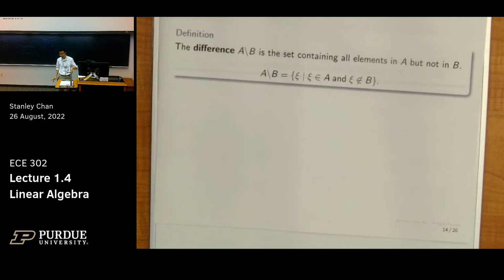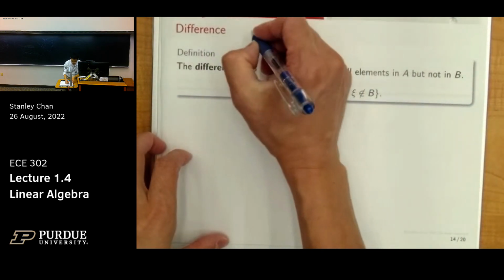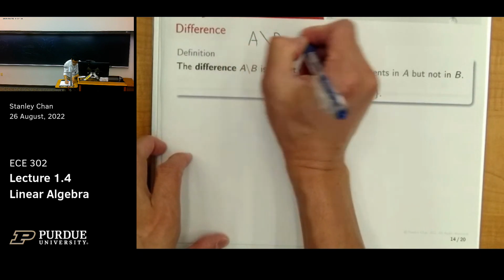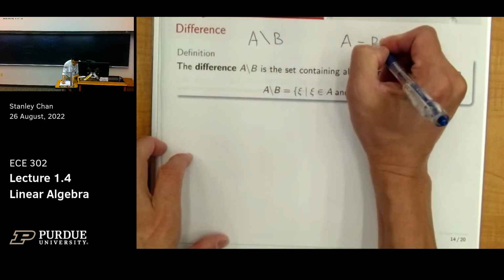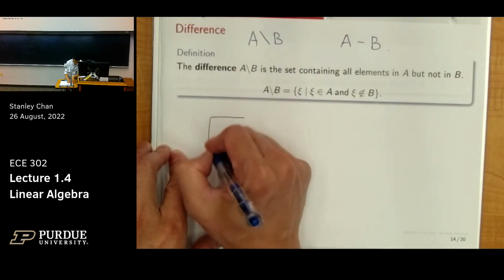There's a notion called a difference. Depending on which textbook you read, sometimes people write A/B, sometimes people write A minus B. It's the same thing.